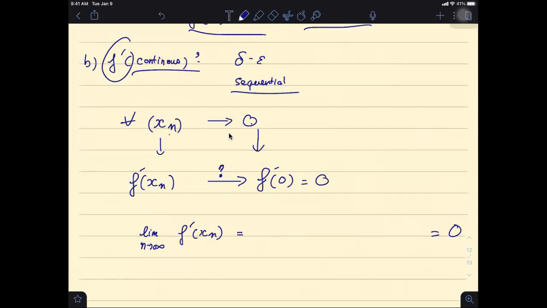What do you guys think? Remember, we have x sub n go to 0.